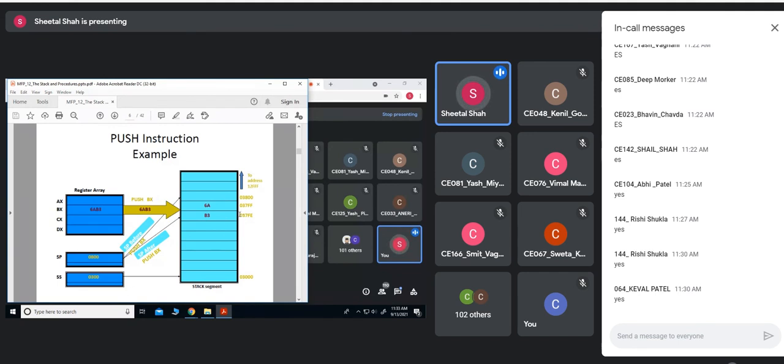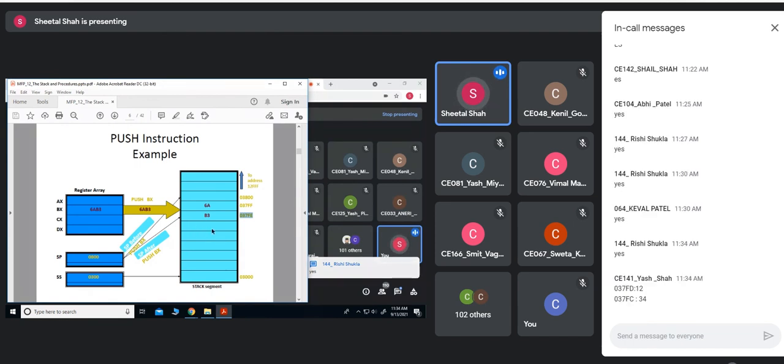Currently the stack pointer has the value 037FE, decremented by 2 that means it is 037FC. Do you agree to this, all of you? Then 3, 4 is placed at the lower address and 1, 2 is placed at the higher address. Very good. Hope everyone is clear with this.